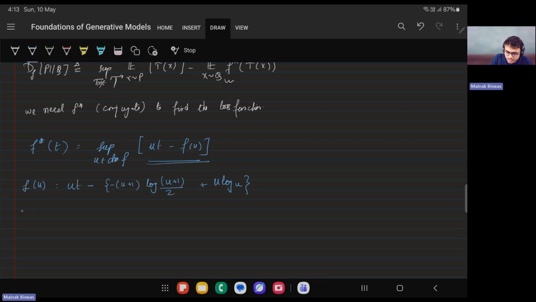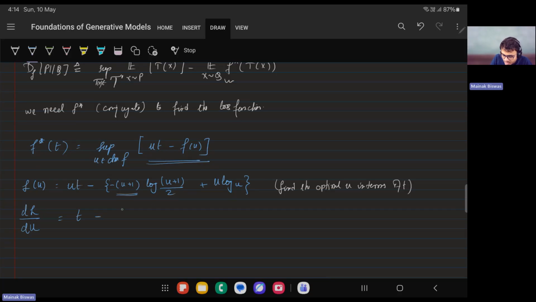Okay, so now dL by du is equal to t minus, what is this value? Remember, we are trying to find the optimal u in terms of t, right? So let's try and do that.